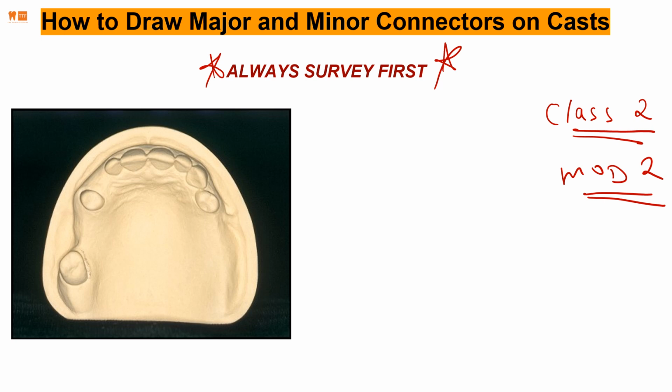So this is going to be our edentulous area. Right? Perfect. And then of course it's a long area. So instead of it being a mesh work, we're going to do a grid work. A lattice work.